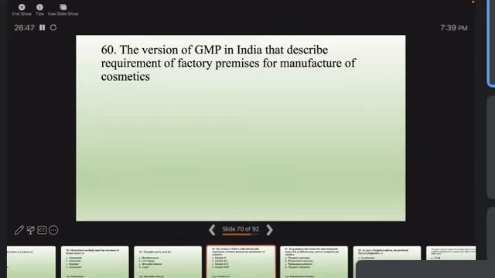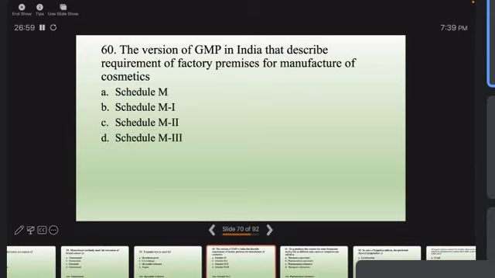Someone said Schedule M. I'll give you options: Schedule M, Schedule M1, Schedule M2, and Schedule M3. M2. Okay. Any other answers?